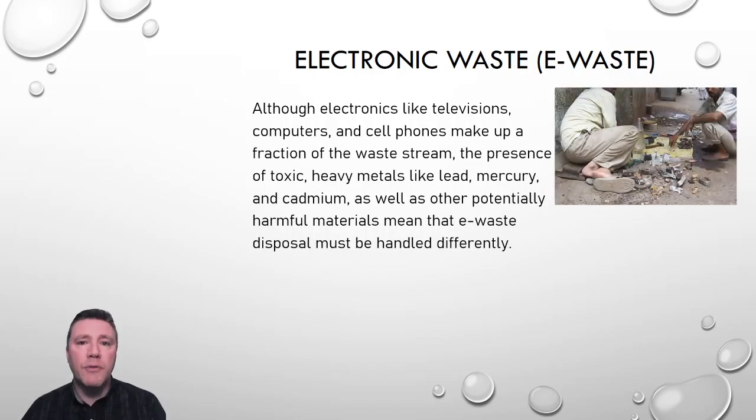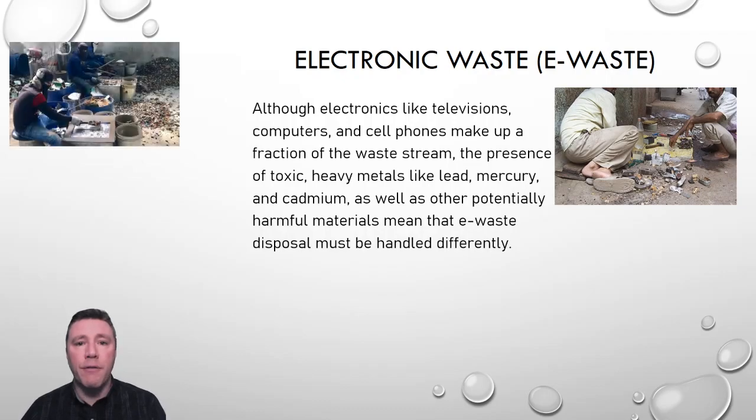The presence of toxic materials, including heavy metals like lead, mercury, and cadmium, means that their disposal in a landfill could potentially contaminate groundwater supplies. So they need to be disposed of in a different process.